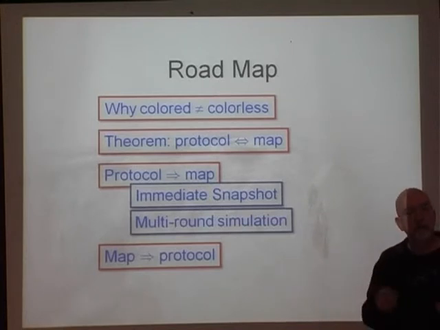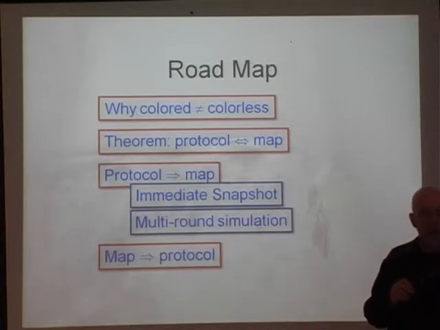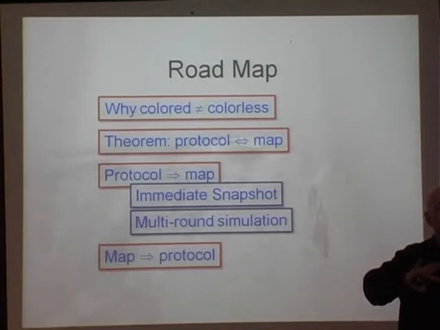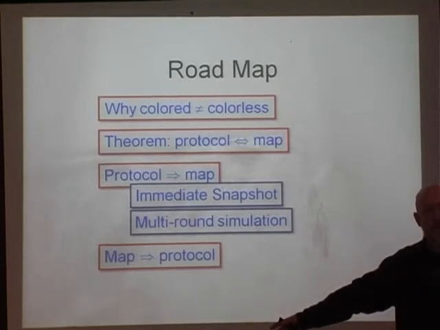What do you mean that the output complex of the protocol will be the divided complex? Yes. So I have the simple iterated protocol whose protocol complex is this repeated chromatic subdivision.